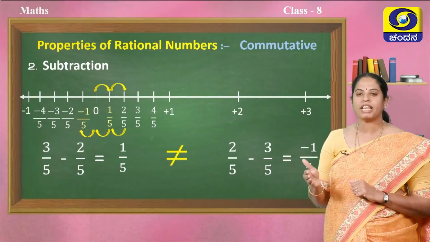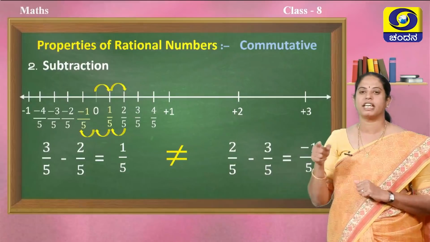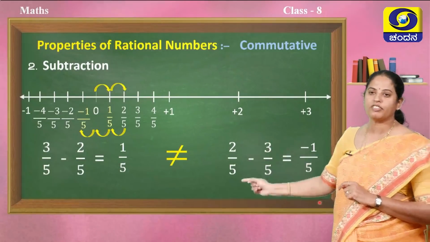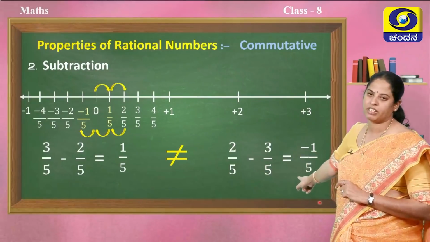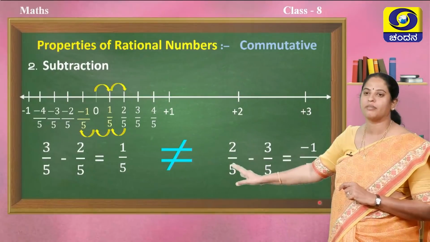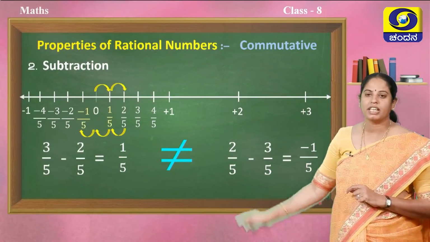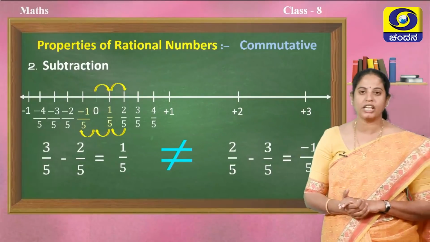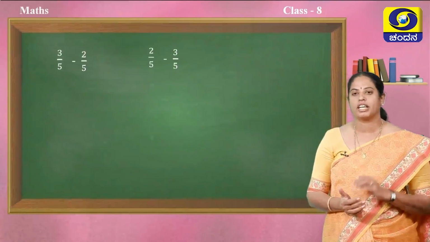I am subtracting, which means I have to go in the reverse direction. When I move 3 parts from 2/5, I am reaching minus 1 by 5. We know 1 by 5 and minus 1 by 5 positions are different and both are not the same. Hence, the commutative property does not hold good on subtraction of rational numbers.